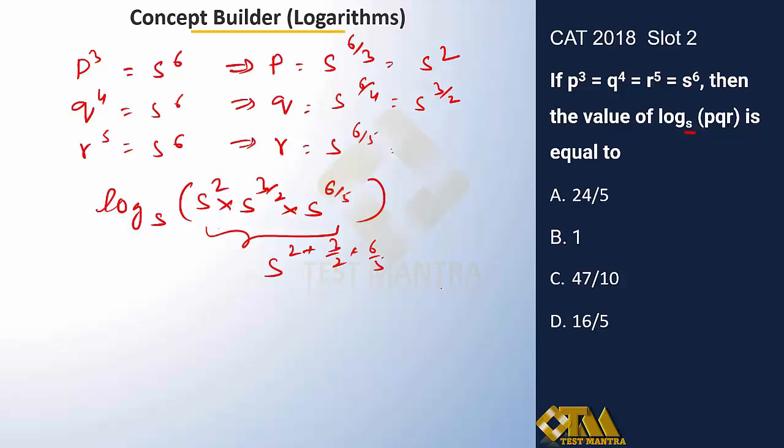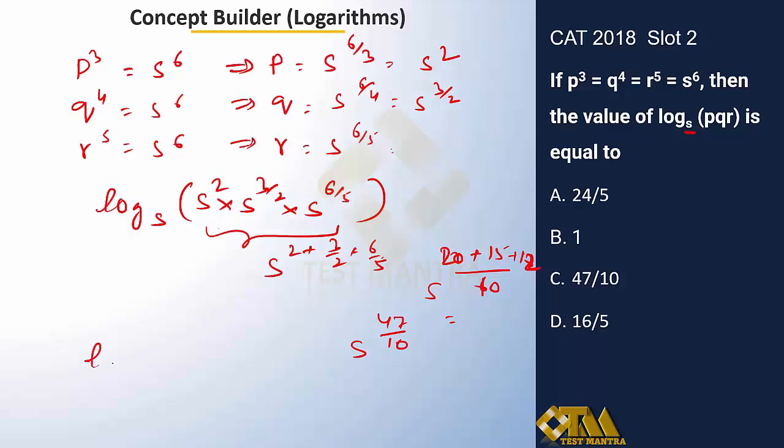If we take down the LCM, it's 10, so this part is 20, 15, 12. So it's s raised to 47 by 10.